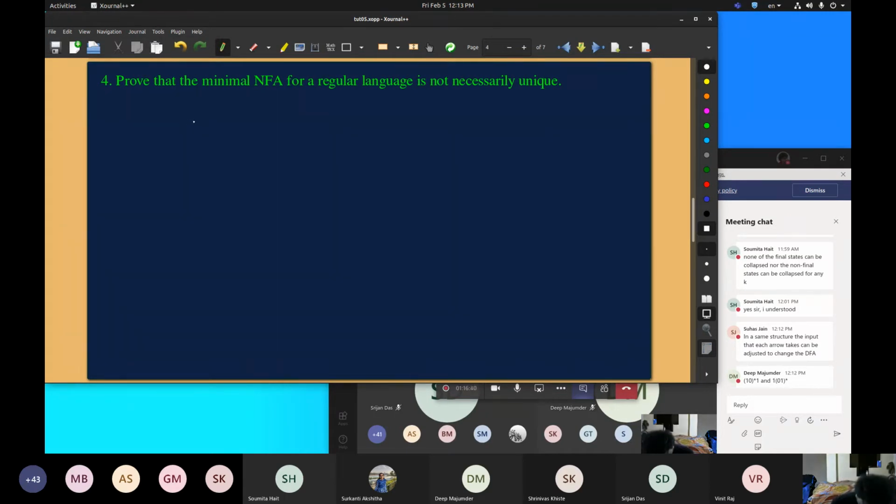Okay. Instead take this, L equal to A plus. So I can write it, this is same as A star A. If I look at it in this fashion, then I have a thing like this.